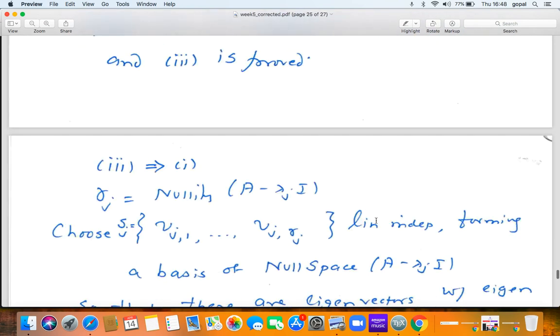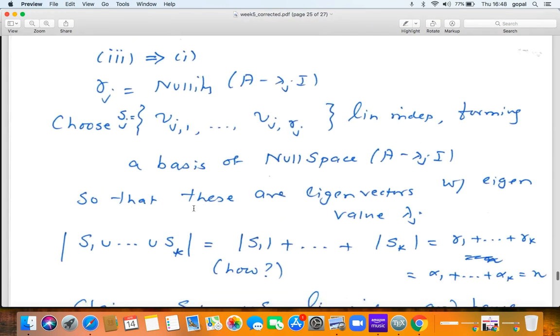Now let us prove that 3 implies 1. Let us assume that the geometric multiplicity equals the algebraic multiplicity. Geometric multiplicity is gamma j, that is the nullity of A minus lambda j I. Nullity is the dimension of the null space, so nullity gamma j means there are gamma j elements in a basis.